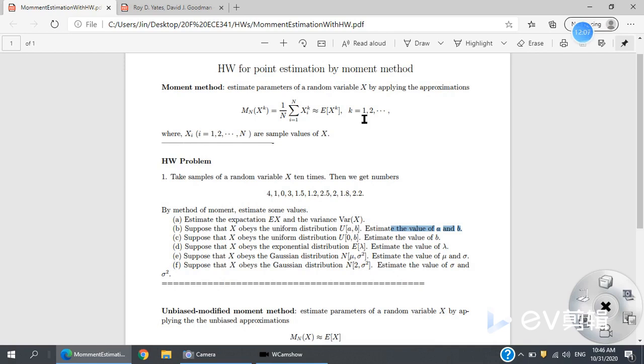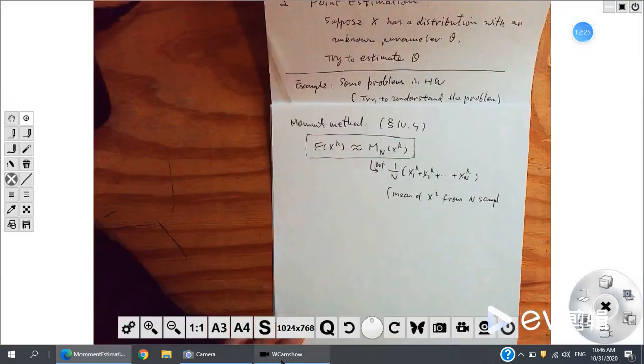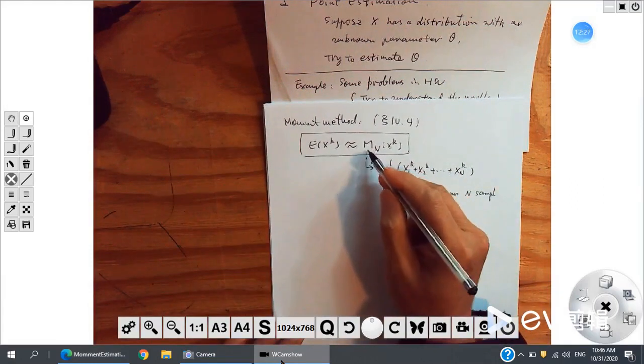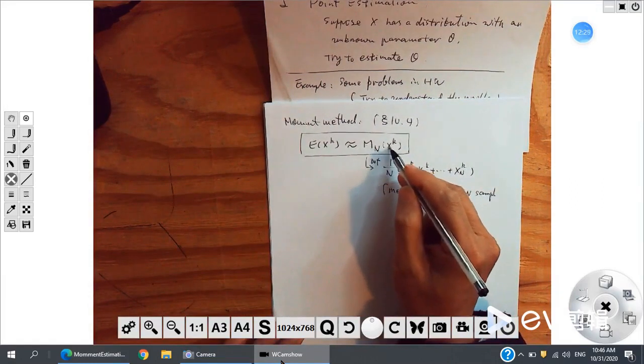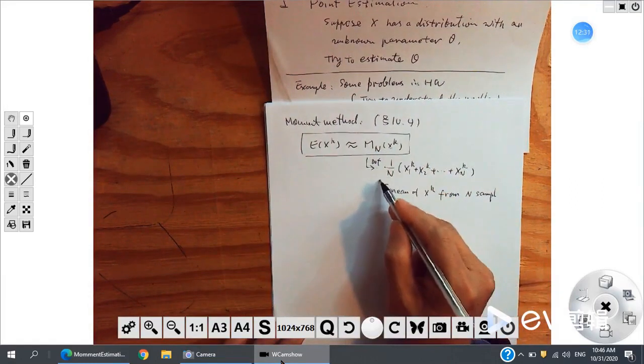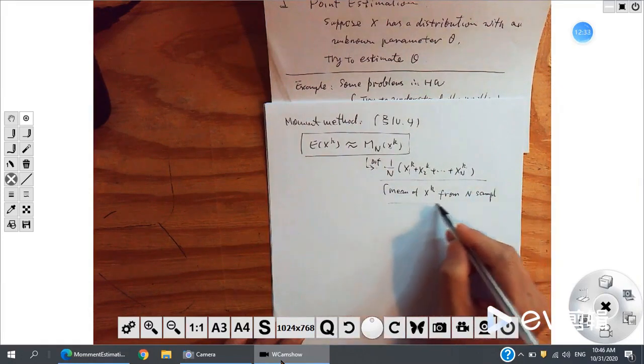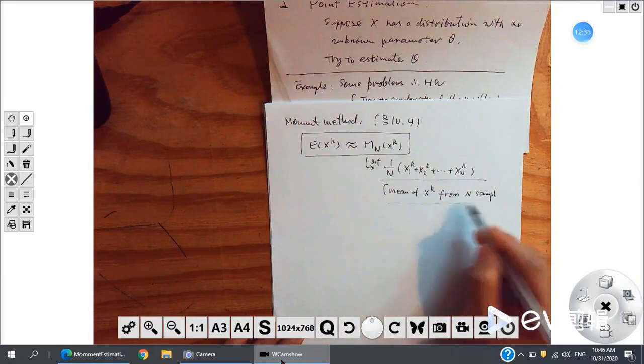Okay, you see this one, M_n, this is the mean of X to the k from n symbols. Let me write it. So M_n of X^k is the mean of X^k from n symbols.